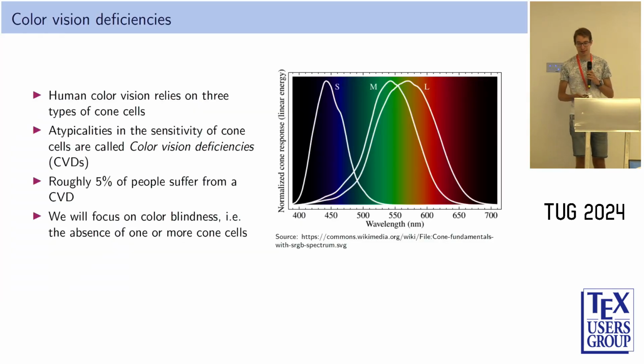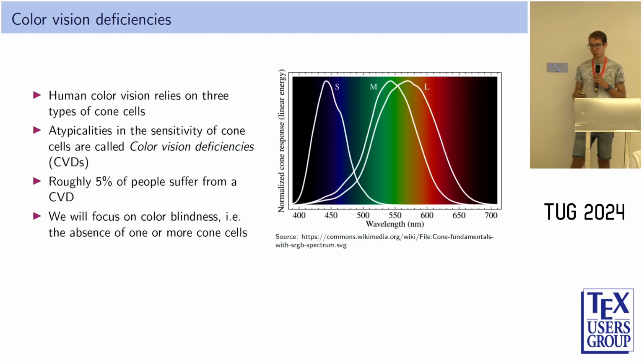So human color vision relies on 3 types of cone cells in our eyes, which means that if a beam of light that is reflected from some object which has a certain color hits our eye, then these 3 cone cells react in different levels, and the combination of this reaction is then interpreted as color. And on the right here you can see the typical perception of each of these cone cells.